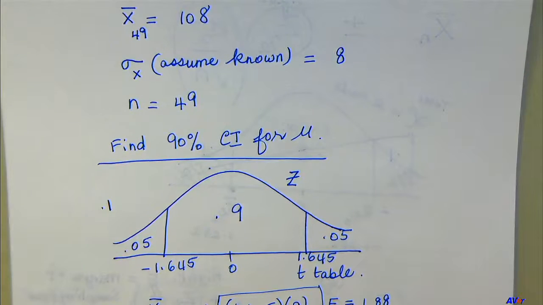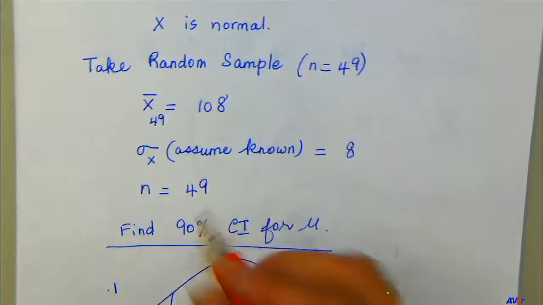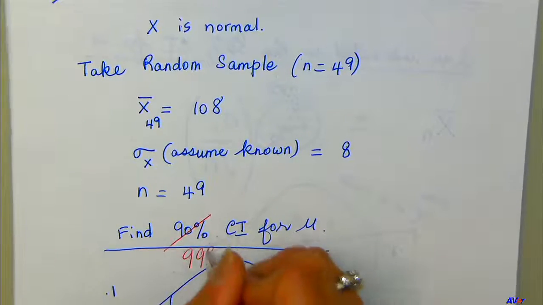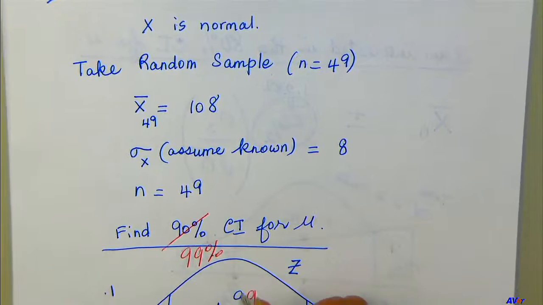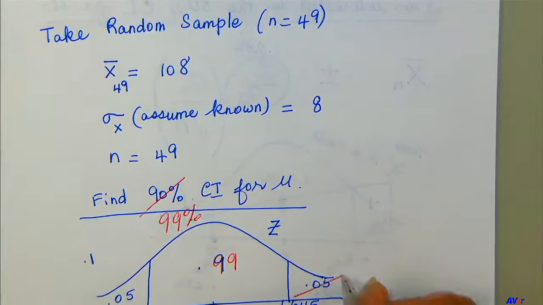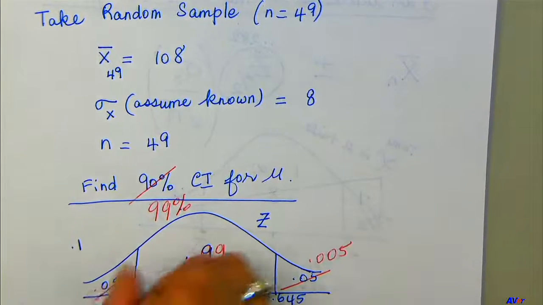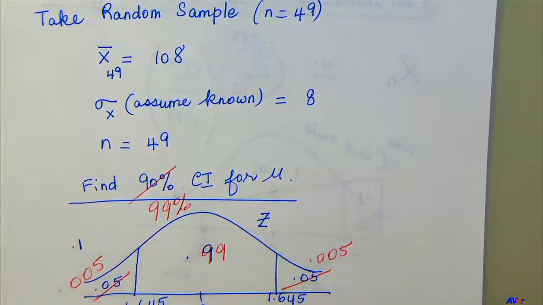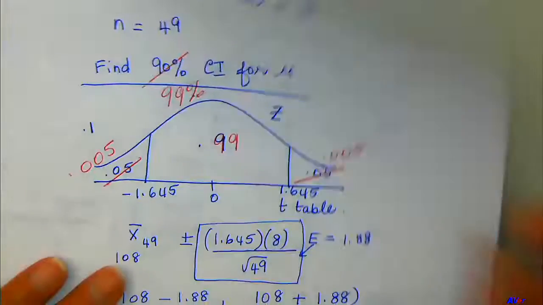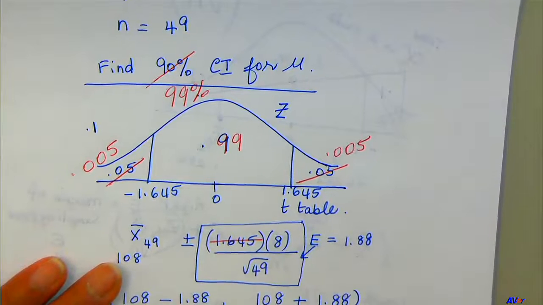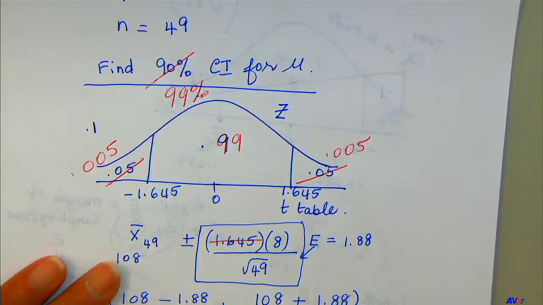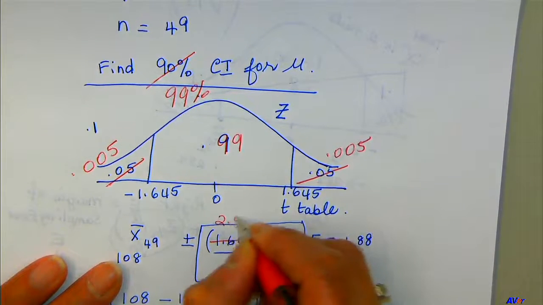Let's show that, okay? What will be the difference if I change this number to 99%? Then I would have 99 in here, and this would not be 0.05, this would be 0.005, and this would be 0.005, and the only number that would change would be this number, right? Can you go to the 0.005 column of the T table, and what do you see? 2.576.